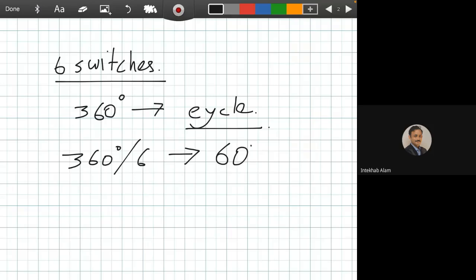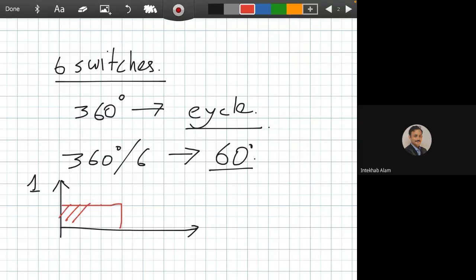So when switch 1 has started, switch 2 will start from here.